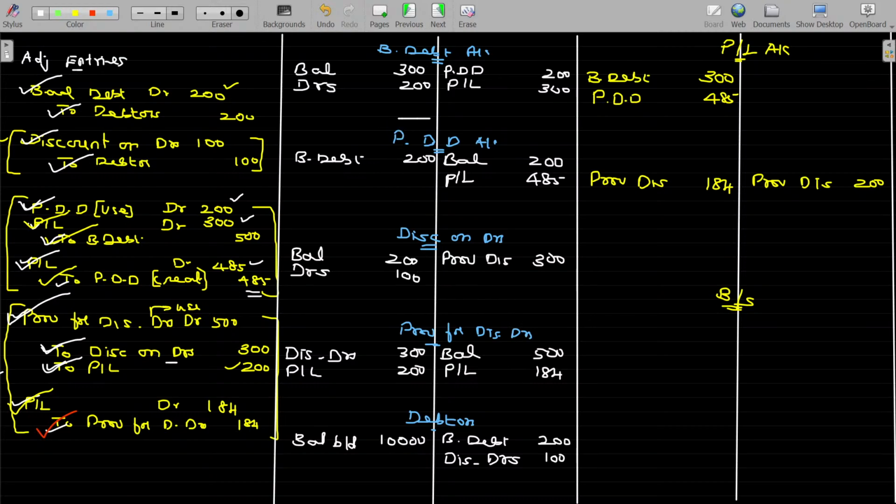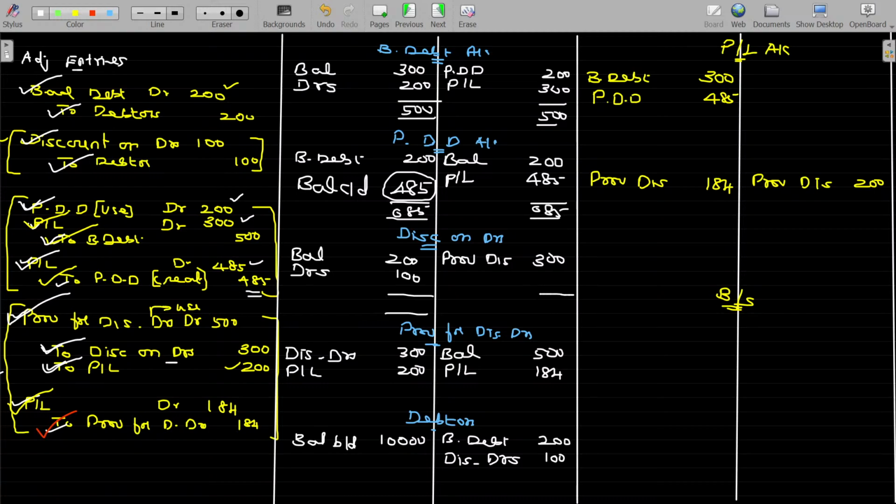Now, if I tally the bad debt, it's a nominal account, right? This will disappear hereafter. It will not appear anywhere. And the PDD account, if I tally this, 685, we end up with 485 as a balance carried on.